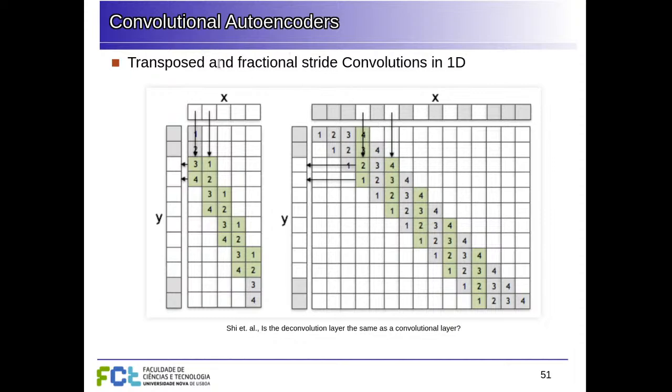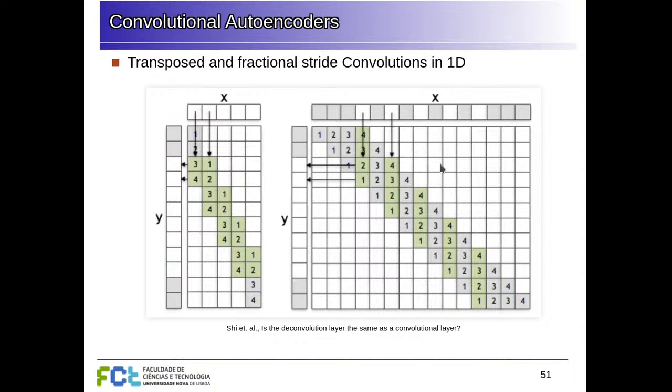The reason why this is called fractional stride is that if we look at just the input values of x, it seems like we are striding in fractional values along the direction of the input, because we are not taking complete steps.